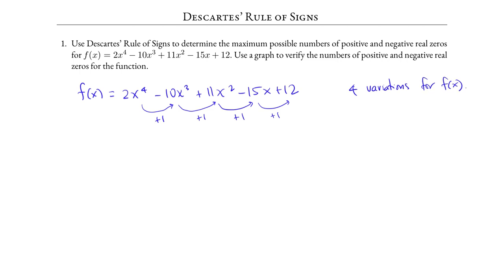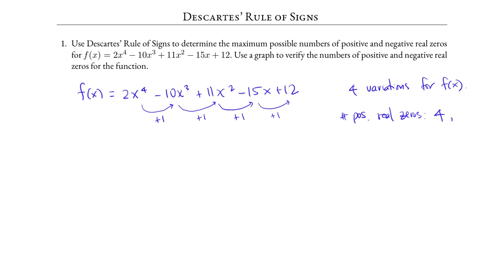Descartes' rule of signs states that the number of positive real zeros of the function is equal to the number of variations, or less than that by an even whole number, and so we need to subtract an even number.